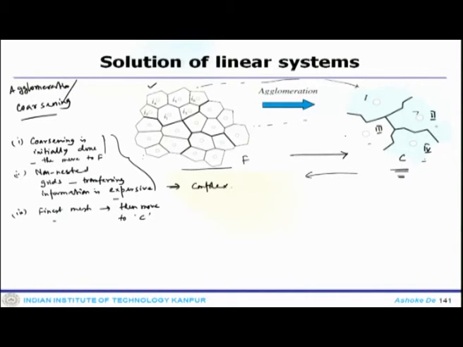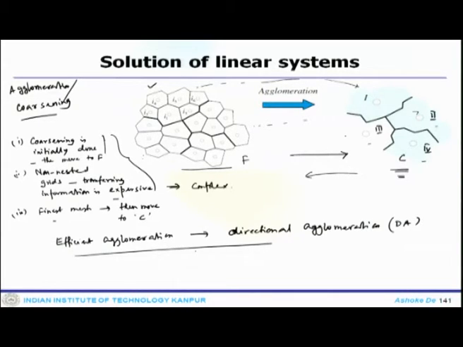So, this is how the process is done, and one more thing, that any efficient agglomeration process is the directional agglomeration, okay, which was initially developed by Mavriplis. So, this is what it says.